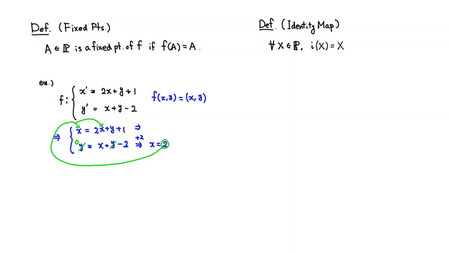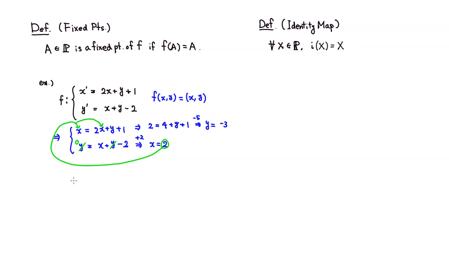So we have this equation, where x is now 2, and 2 times 2 is 4, plus y plus 1. We can simply subtract 5 from both sides. So 2 minus 5 is negative 3, and here 4 and 1 cancel out, so y is equal to negative 3.